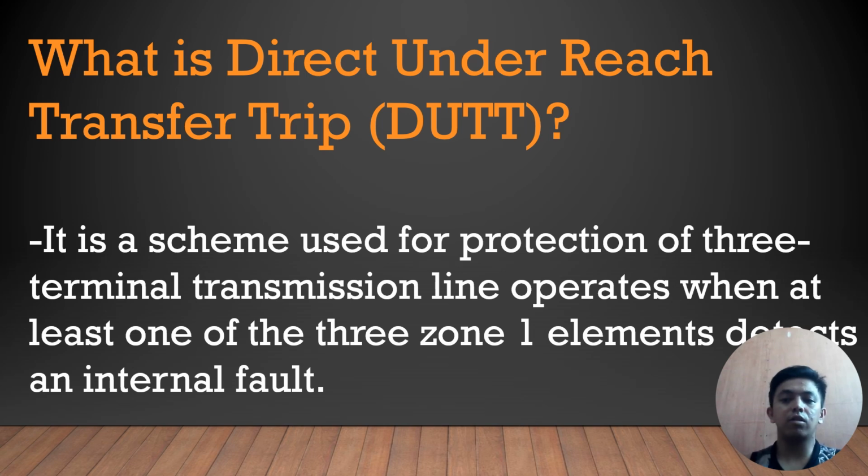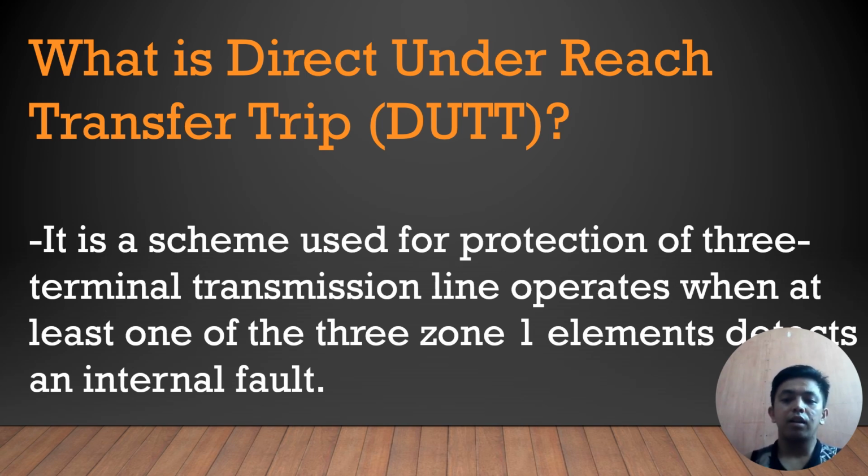Now, let's talk about direct underreaching transfer trip or DUTT. So, what is a direct underreach transfer trip? It is a scheme used for protection of a three-terminal transmission line. It operates when at least one of the three zone 1 elements detects an internal fault.